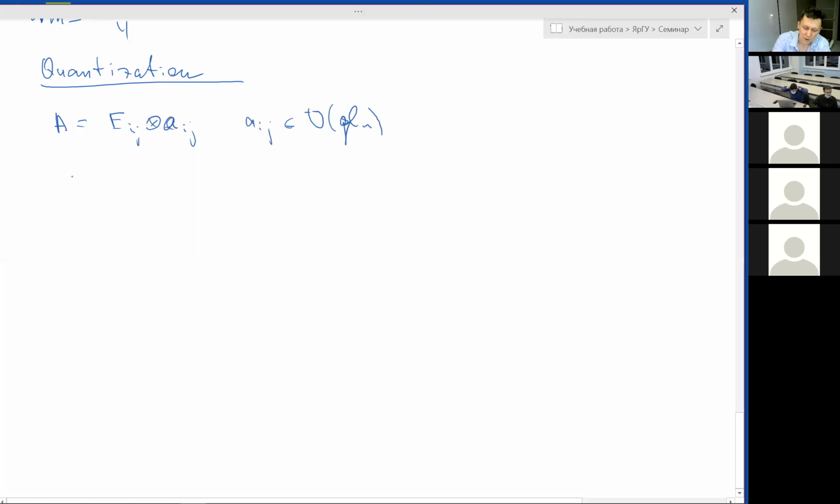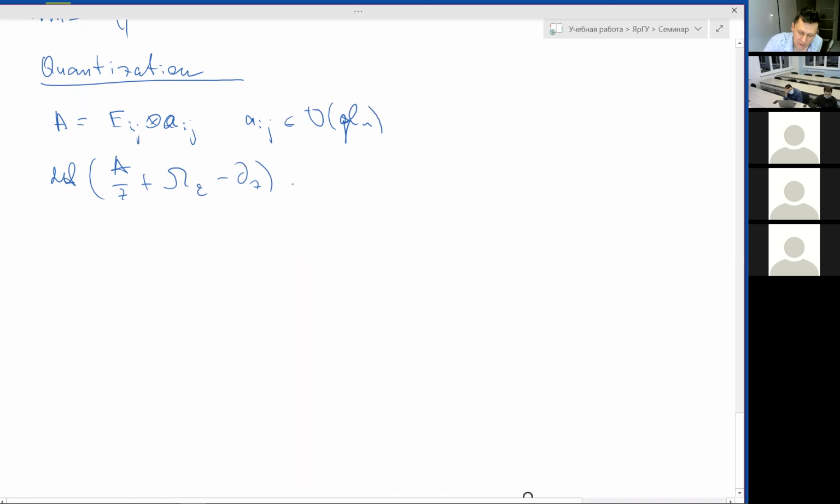To do this, we have to consider the quantum determinant of the element A, z epsilon minus dz, where dz is the operator of partial derivation with respect to z. I need to say what the determinant is in this case.